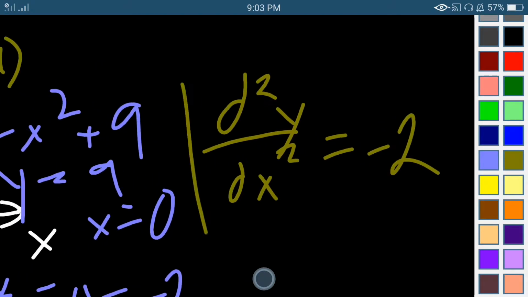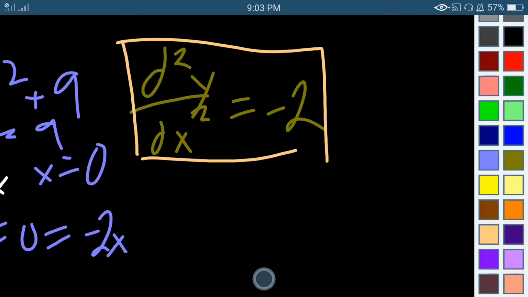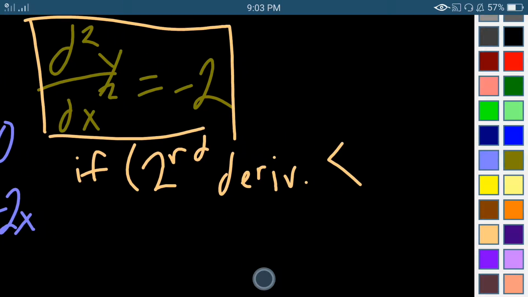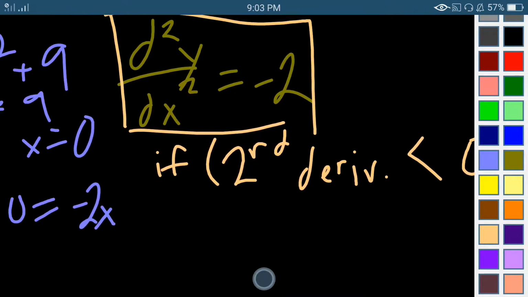And that means that if the second derivative is less than 0, or negative, then our conclusion for single variable functions, because there is a special case when we deal with multivariable functions, but it's almost the same idea.